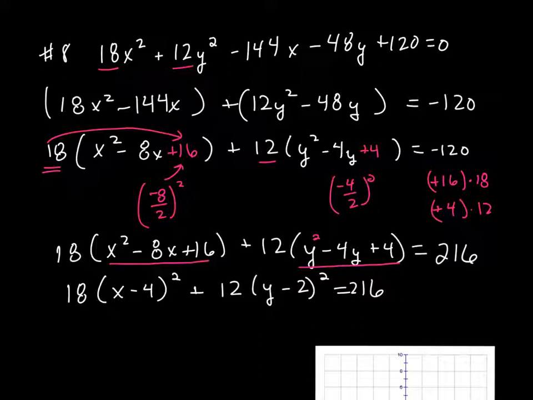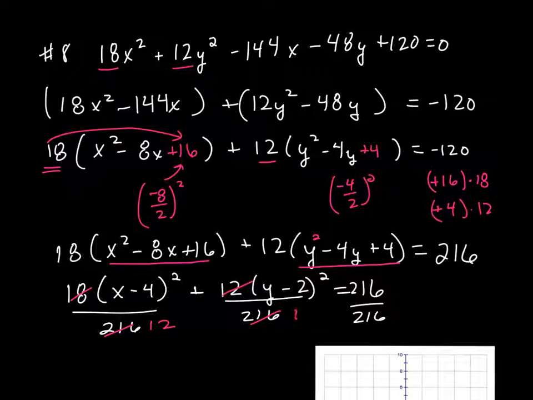Because I have an ellipse, I know that the 216 has to equal 1. So I divide every single term by 216 and reduce. 18 over 216 reduces to give me 12. 12 over 216 gives me 18.